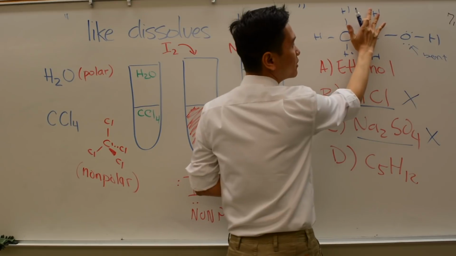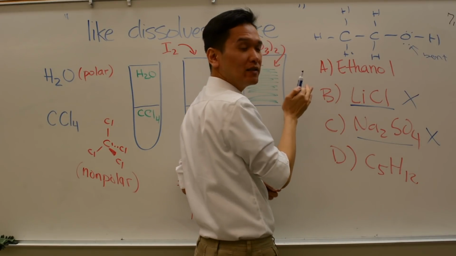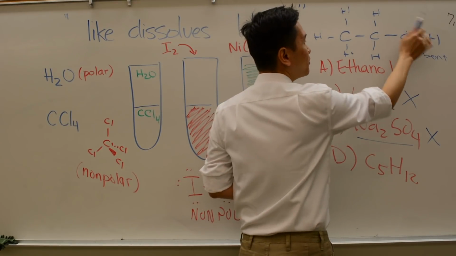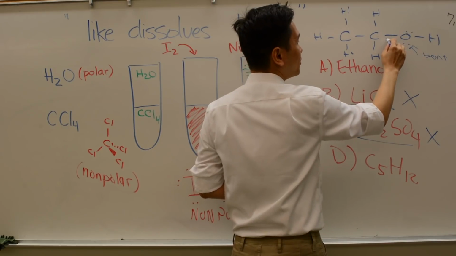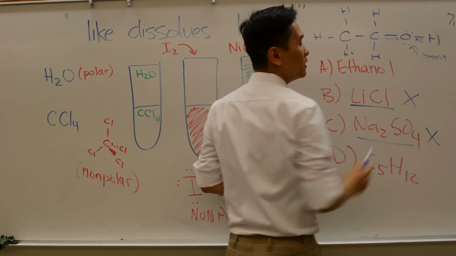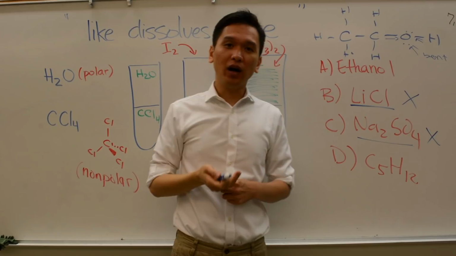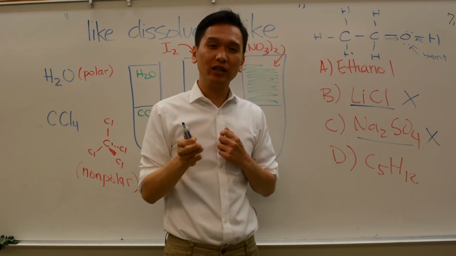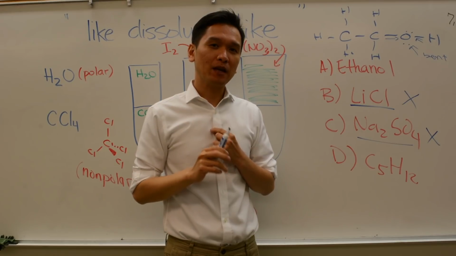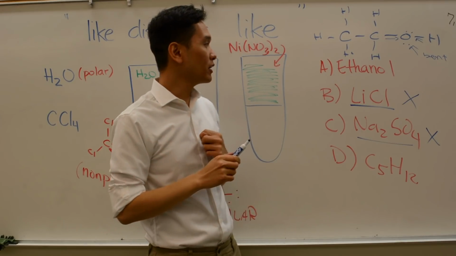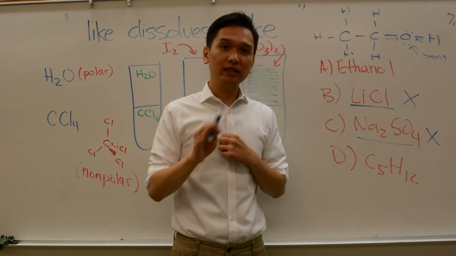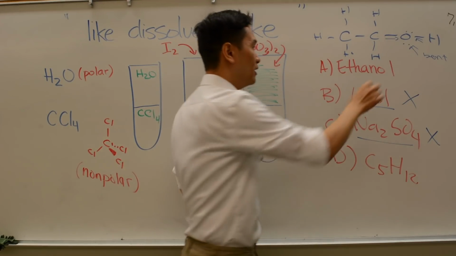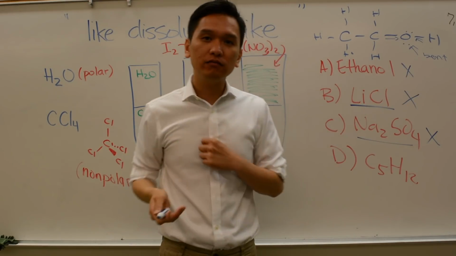What does that look like to you? Kind of like water, right? So you can prove to yourself that if this is a bent shape and it has a polarity in its bond, then it will be a polar molecule. So ethanol is in fact a polar molecule. Why don't you try to prove to yourself that it is a polar molecule? But regardless, because it is a polar molecule, it will not dissolve in a non-polar solvent.